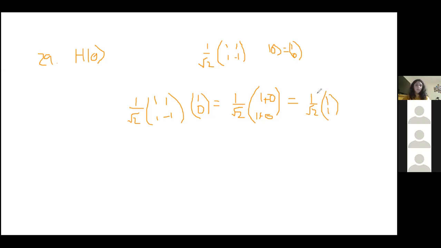This is actually one of the special states. This is also represented as the plus state. And the plus state is an equal superposition, and that's what Hadamard does. The meaning of this is that we have an equal superposition of both states when you apply a Hadamard gate to the qubit 0.